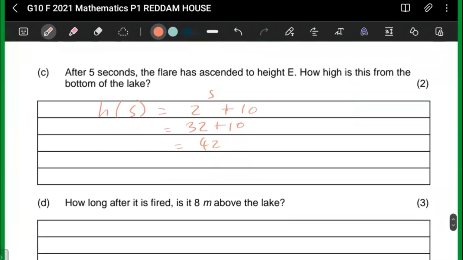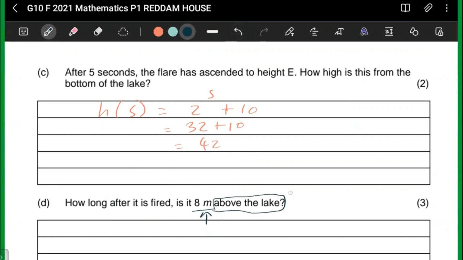Keep a calm head. Here it says, how long after it is fired is it 8 meters above the lake? So 8 meters above the lake, you have to be careful now. It's not 8 meters above the bottom of the lake. This is referring to the surface.